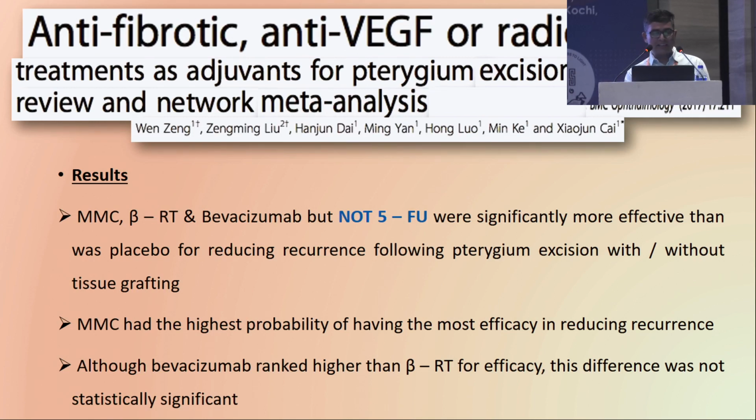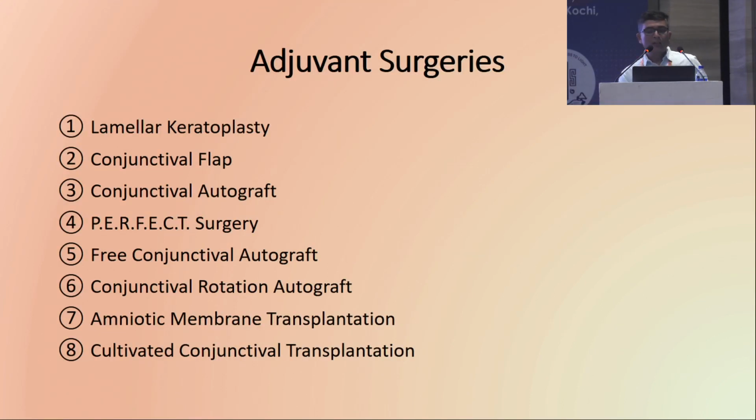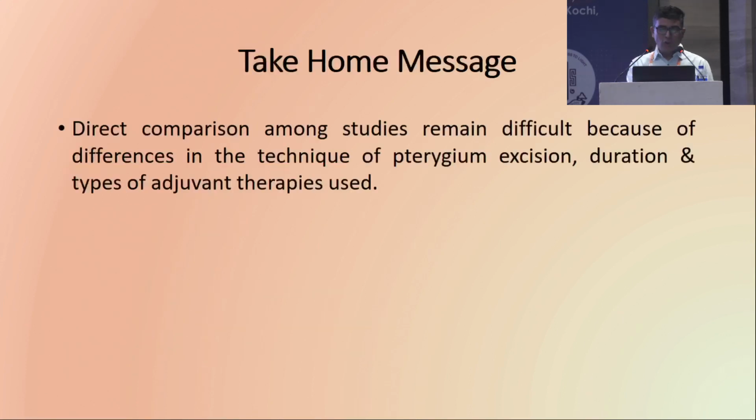Mitomycin C has the highest probability of having the most efficacy in reducing the recurrence among all, although Avastin was ranked higher than beta radiation, but the difference was not statistically significant. The other adjuvant surgeries are now used very frequently for pterygium surgery, but my esteemed colleagues will discuss this, so I will keep it here.